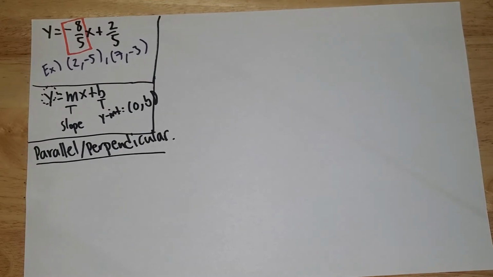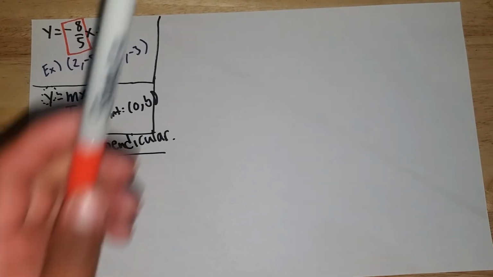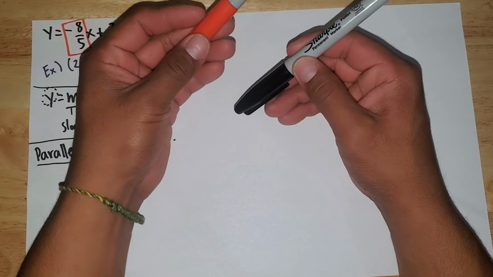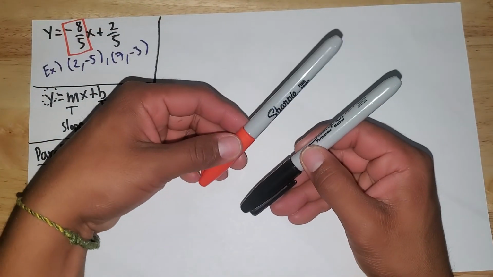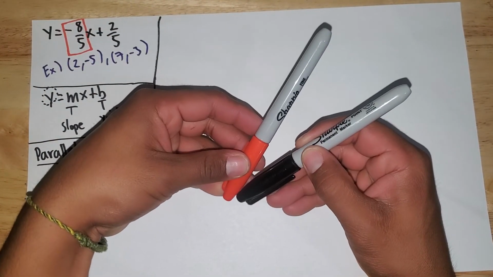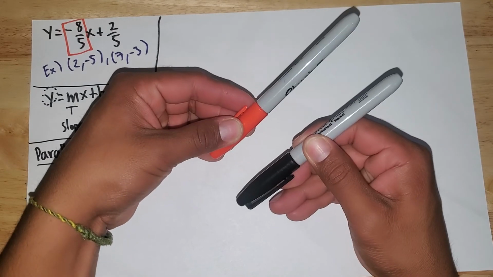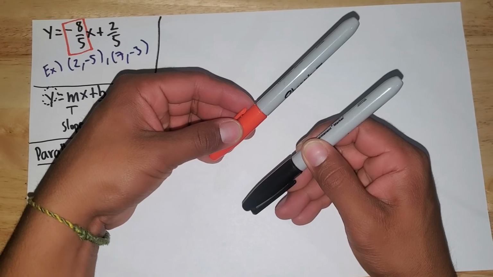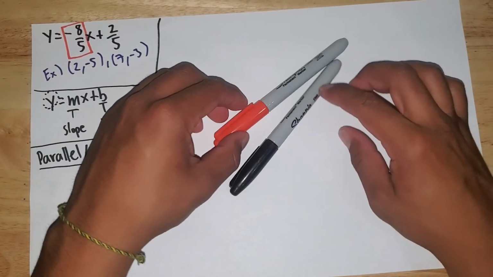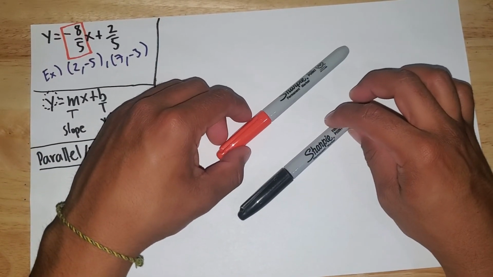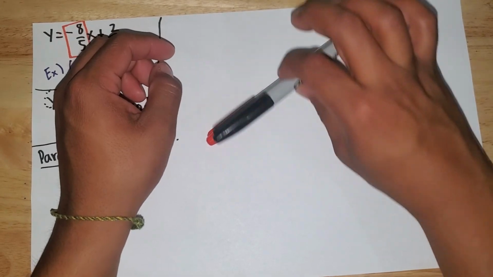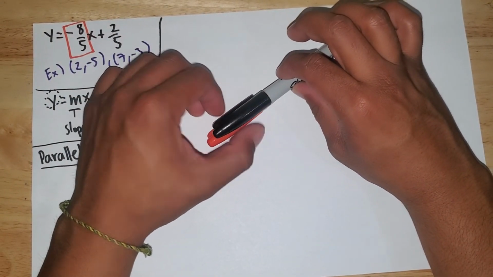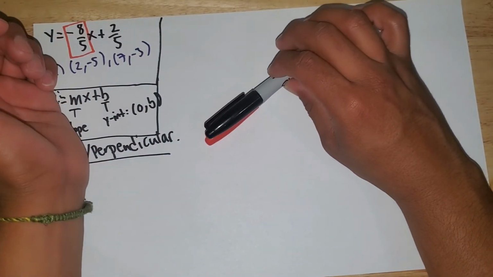So you have to remember what parallel means. Geometrically, meaning in a graph, parallel means two lines that never intersect each other whatsoever. They're parallel to each other forever. They're never going to cross. But at the same time, it can't be the same line, because then that means they're overlapping each other.